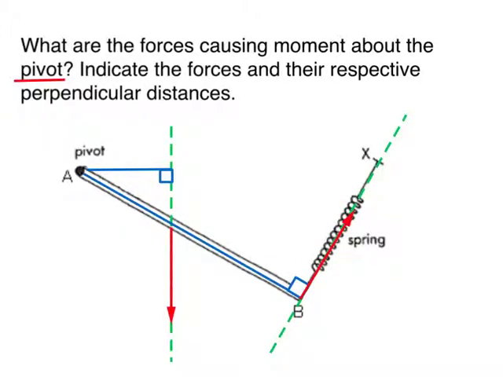More precisely, it is as shown in this diagram here. The perpendicular distance from the pivot to the weight is this one, whereas the perpendicular distance from the pivot to the tension is this.